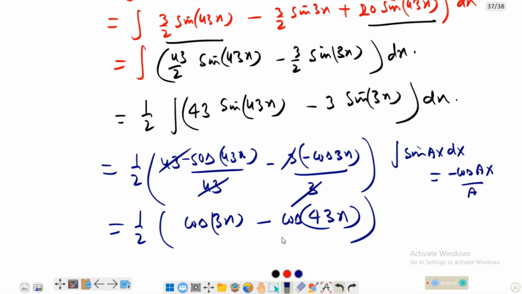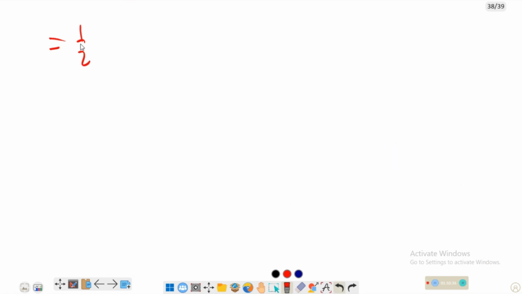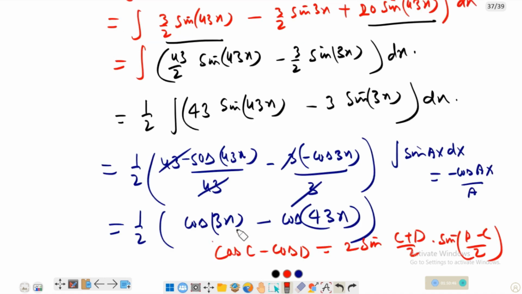Again I use the formula cos c minus cos d is equal to 2 sin((c + d)/2) sin((d - c)/2). So this is 1/2 (cos 3x minus cos 43x).